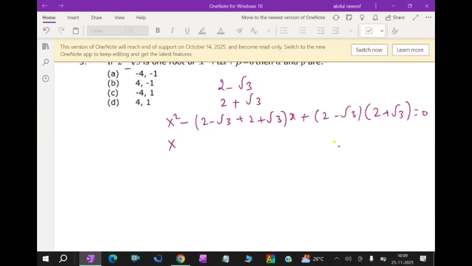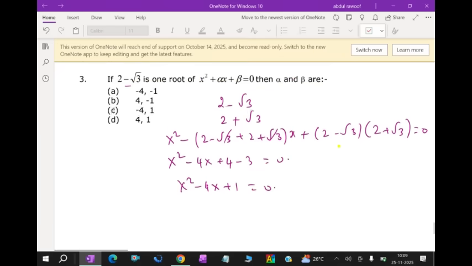Simplifying, the root 3 and root 3 cancel, 2 plus 2 is 4, so it is minus 4x, and 2 minus root 3 into 2 plus root 3 is a difference of squares. So 2 square is 4 minus root 3 square is 3, which gives x square minus 4x plus 1 equal to 0.